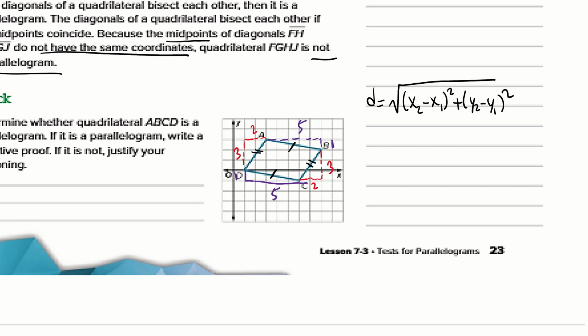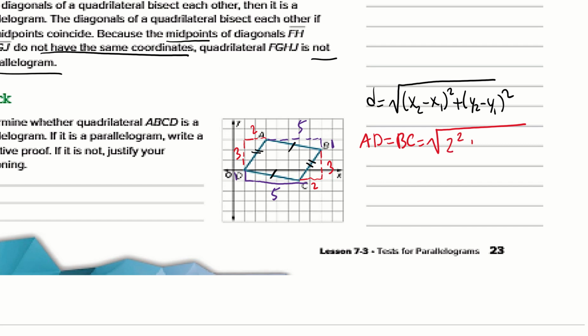I'm going to show you the calculation for the distance formula, however. So to get AD, which we know is the same thing as BC, use the distance formula, square root of x2 minus x1 squared. So that's the 2. So it's 2 squared plus 3 squared.